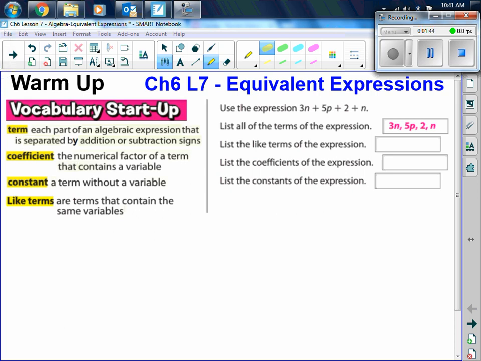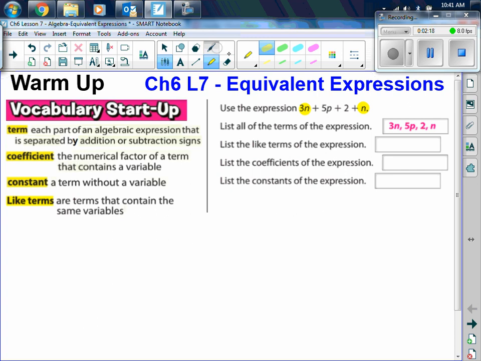So now we want to list the like terms of the expression. Now, the like terms have the same variable. So which ones here have the same variable? 3n and n. Very good. By the way, what number is in front of that n? Well, how many n's do you see there? There's 1 n there.